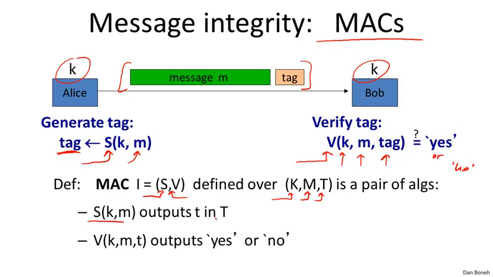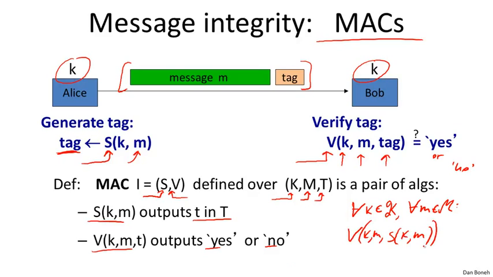So the signing algorithm will output a tag in the tag space, and the verification algorithm, basically given the key, the message, and the tag, will output yes or no. And I want to remind you, as usual, there are these consistency requirements such that for every K in the key space and for every message in the message space, if I sign the message using a particular key and then I verify the tag using the same key, I should get yes in response. So this is the standard consistency requirement, which is the analog of the one that we saw for encryption.